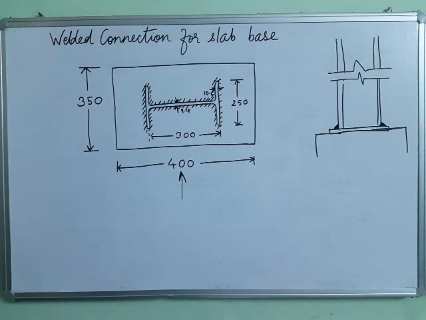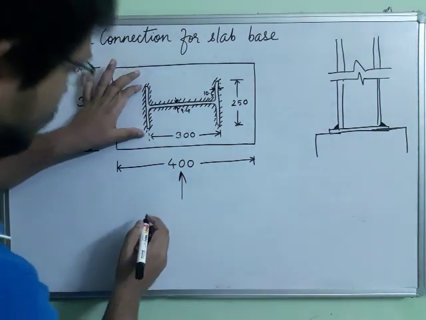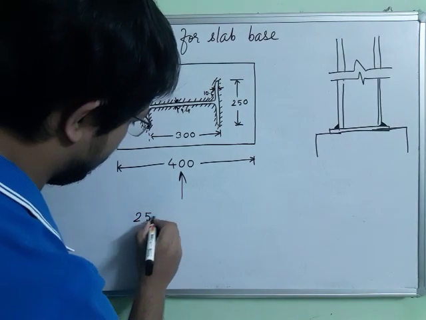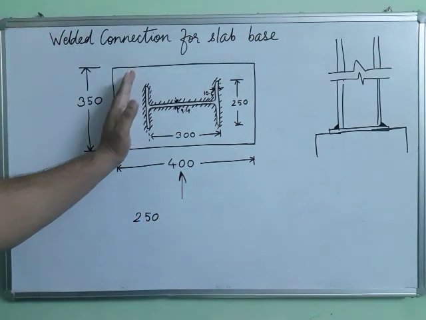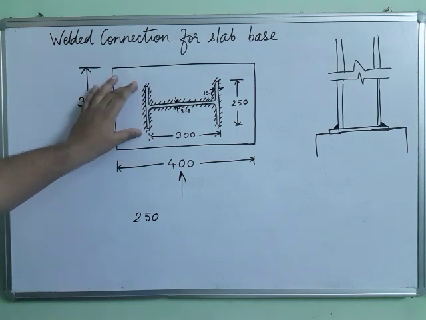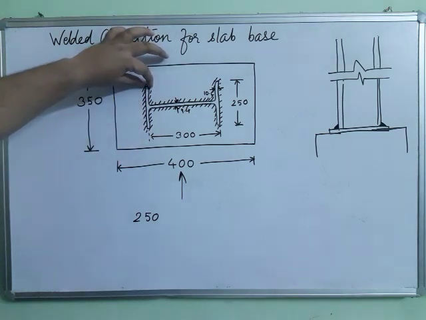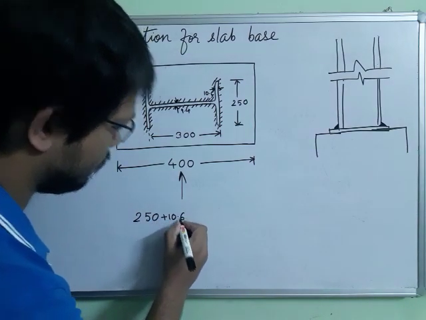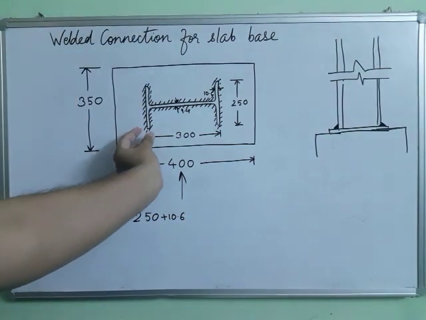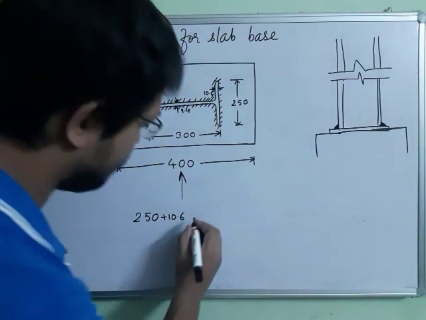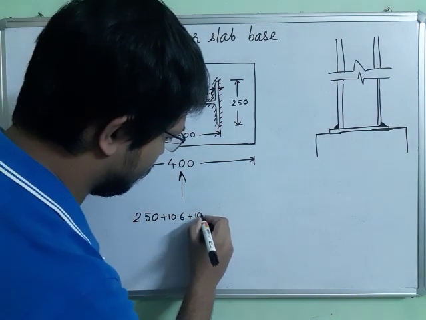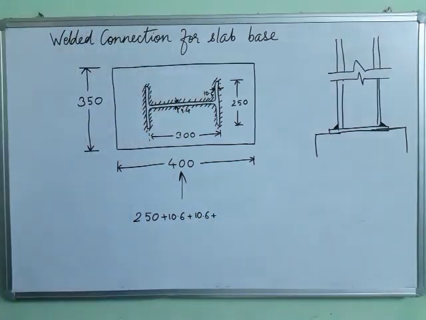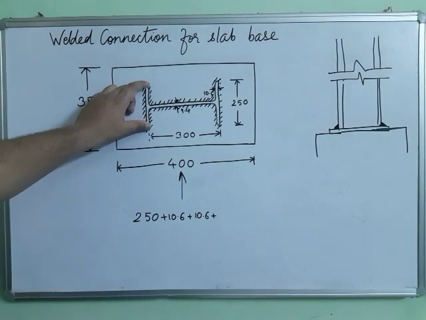So let us find how much will be the total. Let us go from this side. 250 plus this one is 10.6, plus this one is also 10.6. So how much is this? This will be 250 minus 9.4.